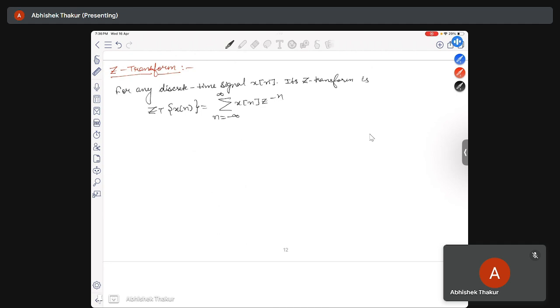And z is r e to the power of j omega. R is the distance from the origin in the z plane, and omega is the angle from the positive real axis in the z plane.